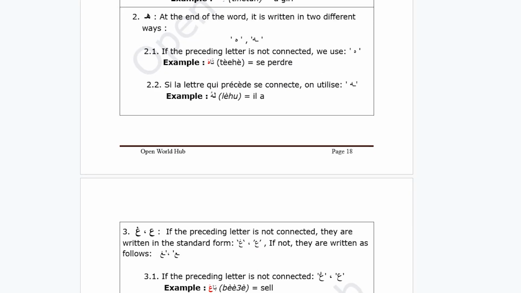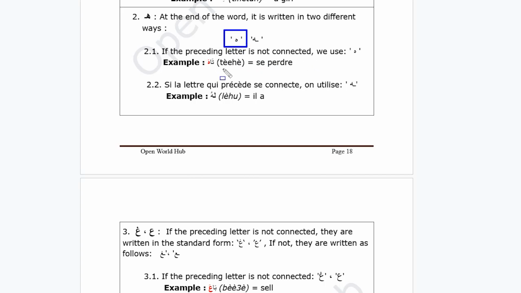Now let's see the letter H. The letter H is almost the same as the letter T at the end. We write it in two different forms, like this or like this. If you realize, this looks like T at the end, but it's missing 2 points, so it follows the same rule. If the preceding letter is not connected, we will use that form.